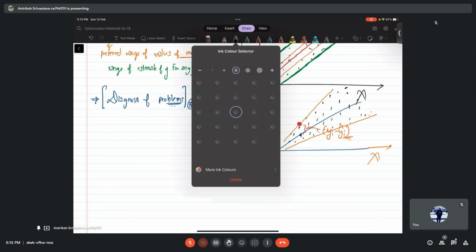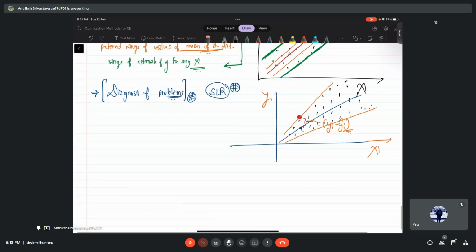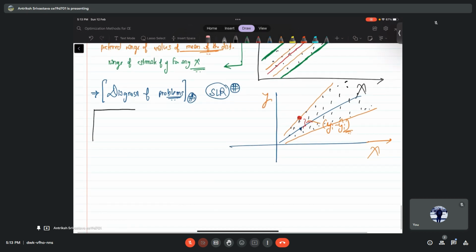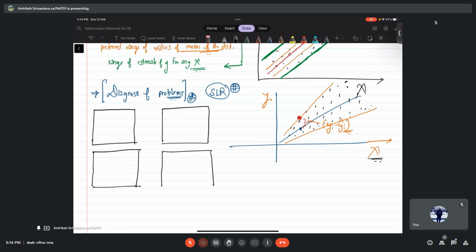So I'm going to draw 4 plots, and based on the plots that you have seen in the class, I want the answer to which plot shows good uniformity and non-dependence of residual on the observation, that is x. I hope that you will participate by telling me the answer. So this is residual, let's just write res, and this is x.